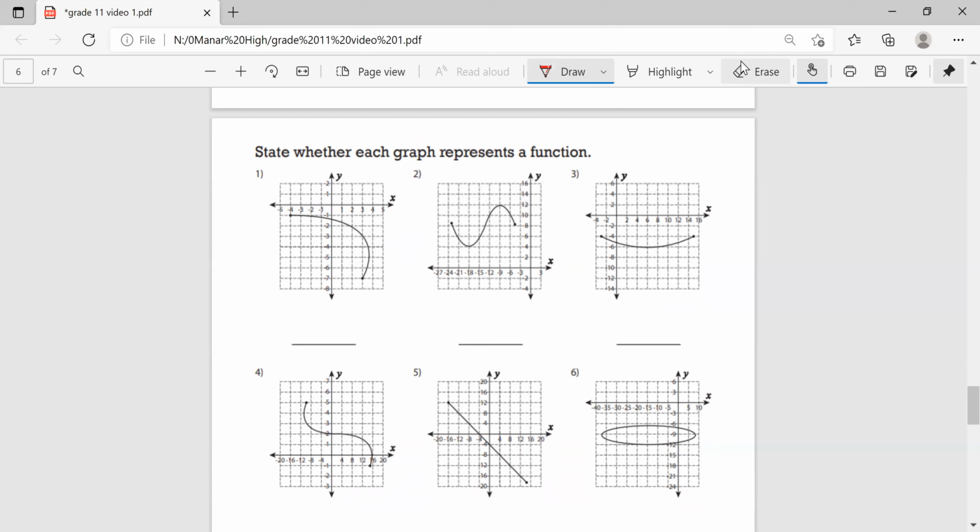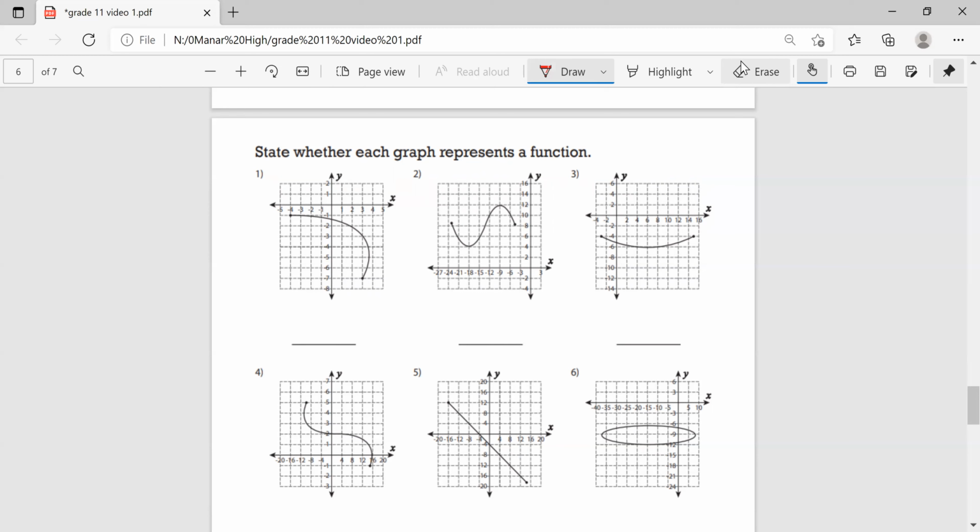It will intersect with the relation in 1 point or 2 or more points. If it intersects with the relation in 1 point, then this relation is a function. If it intersects with it in 2 or more points, then this is not a function.